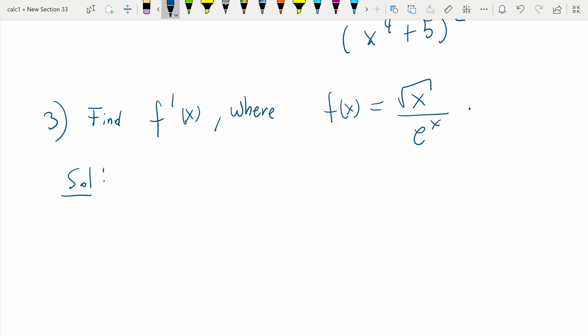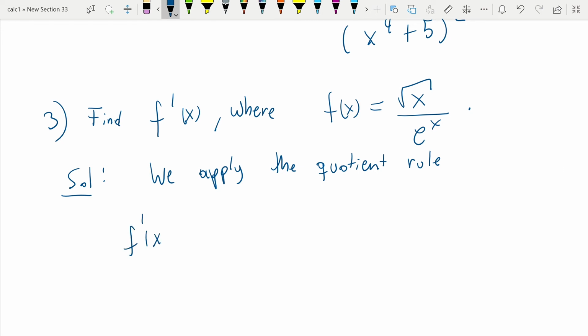So this is the first solution. We apply the quotient rule because we have square root of x divided by e to the x.